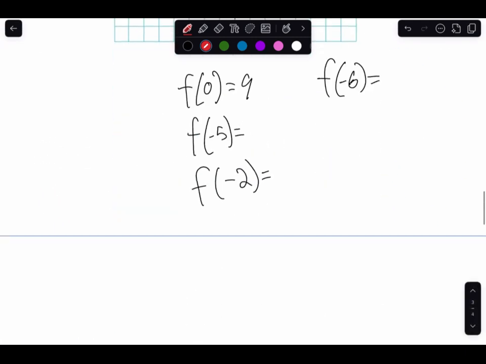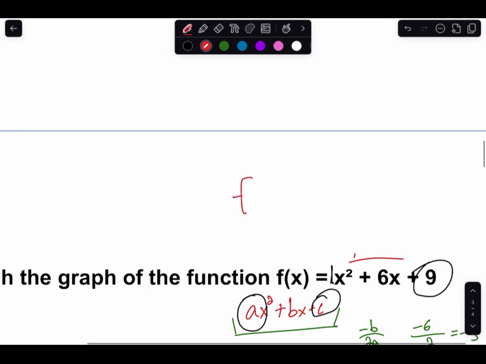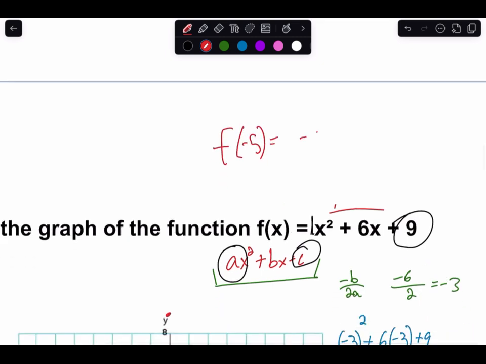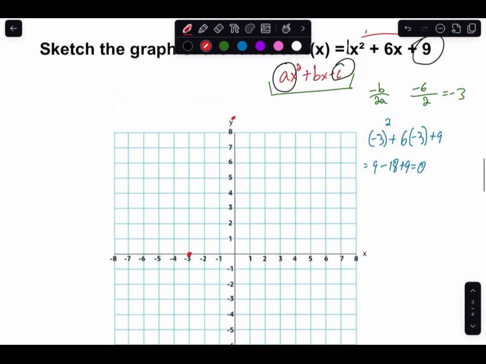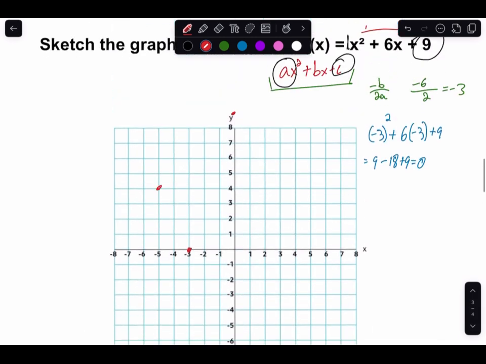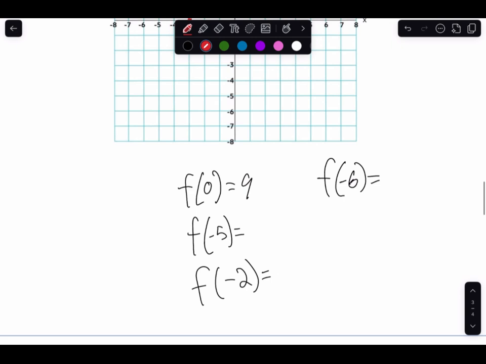So the first number I had was f of negative 5. We're going to plug it back in here, so it's going to be negative 5 squared plus 6 times negative 5 plus 9, which is 25 minus 30 plus 9. That's negative 5 plus 9, which is 4. So we know at negative 5 there should be a point there.